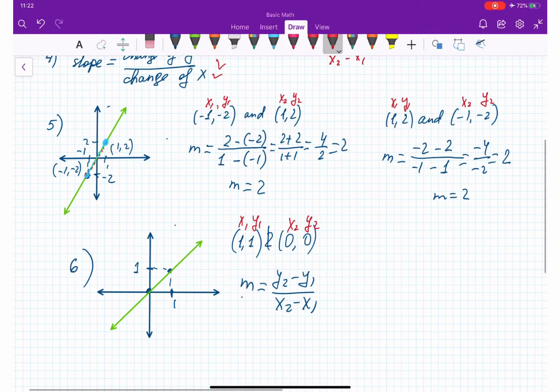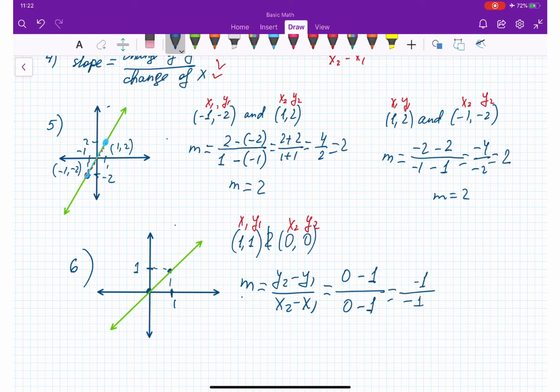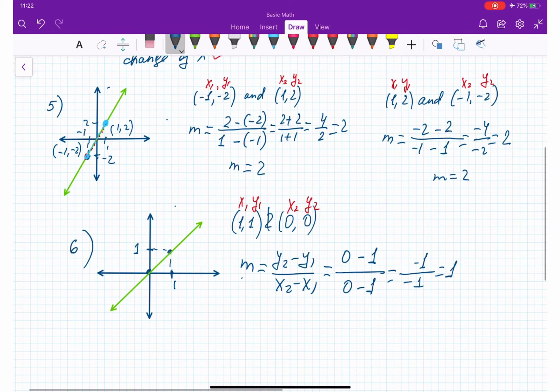We are getting 0 minus 1 for y2 minus y1, and 0 minus 1, and we get -1 over -1, and we get +1. I get +1, correct. Okay.